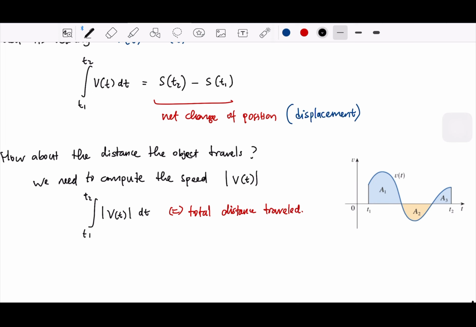So if you just want to check the displacement, you could take A1 minus A2 plus A3. But if we want to know the distance traveled, how far he walks, then we need to compute A1 plus A2 plus A3. Okay, I hope you get the idea.